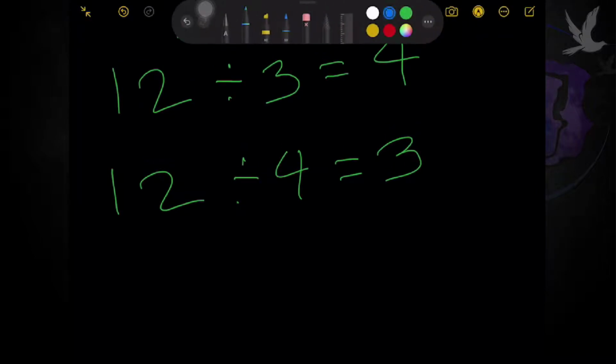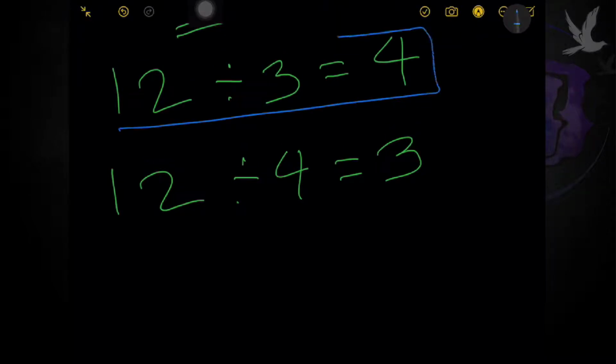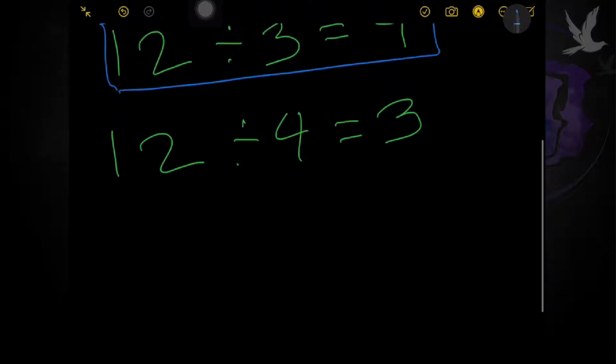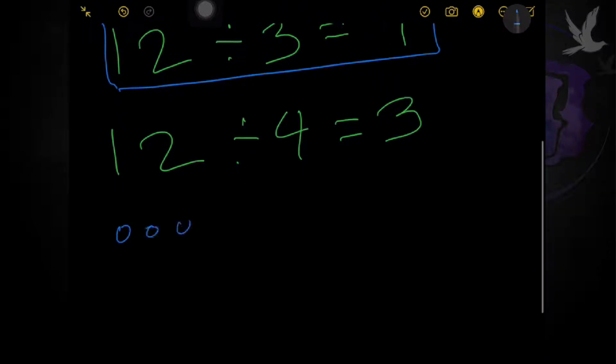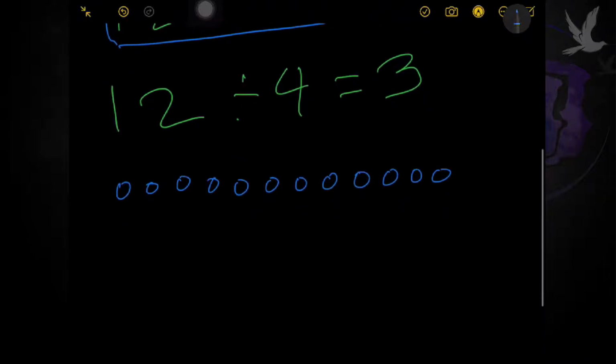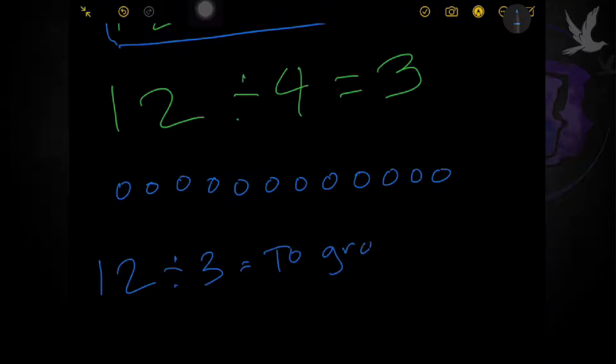Let's take this example first. What is 12 divided by 3? So we have 12 units. 1, 2, 3, 4, 5, 6, 7, 8, 9, 10, 11, 12. Okay, 12 divided by 3 actually means to group 12 into 3 equal groups.